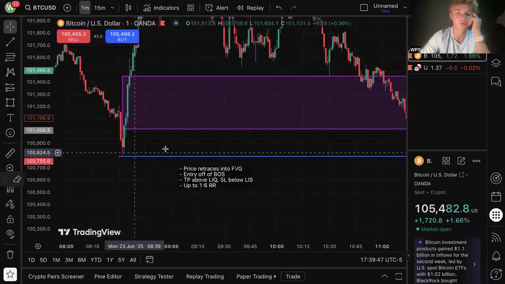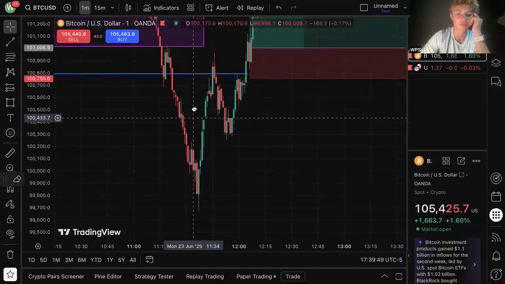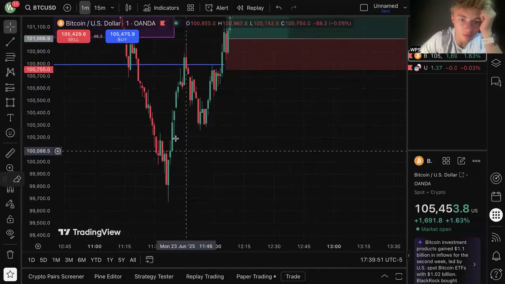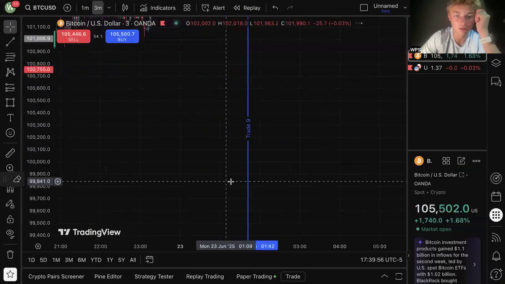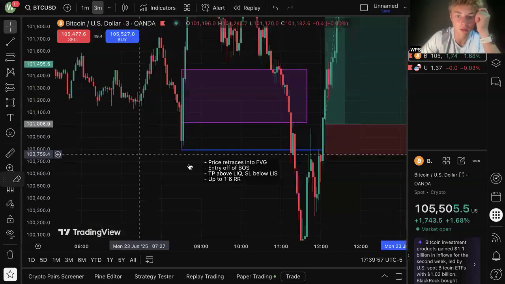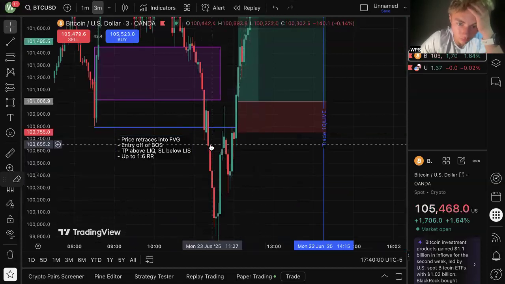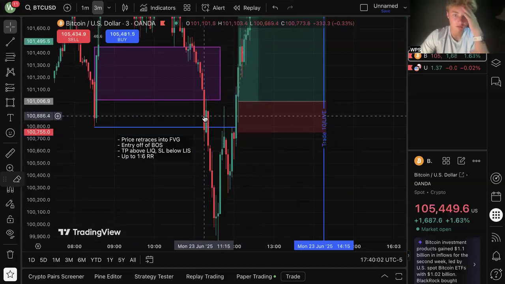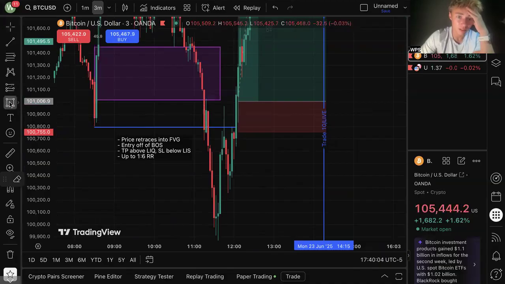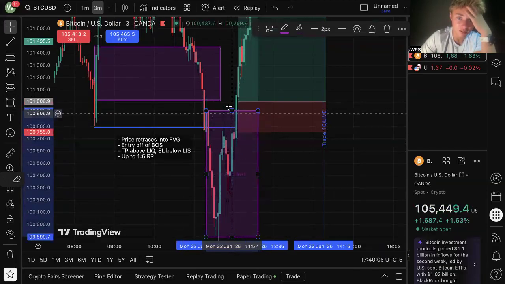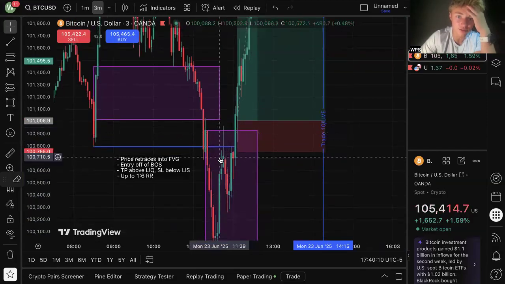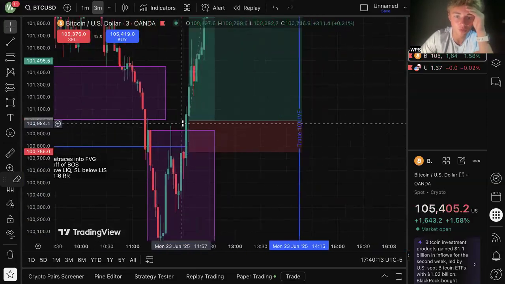So price made the swing low, and price made the second swing low right here. Formed this order block, which doesn't really work on the 1 minute, but on the 3 minute, it makes this order block right here, which price retraces into, I believe, right here on this one wick.